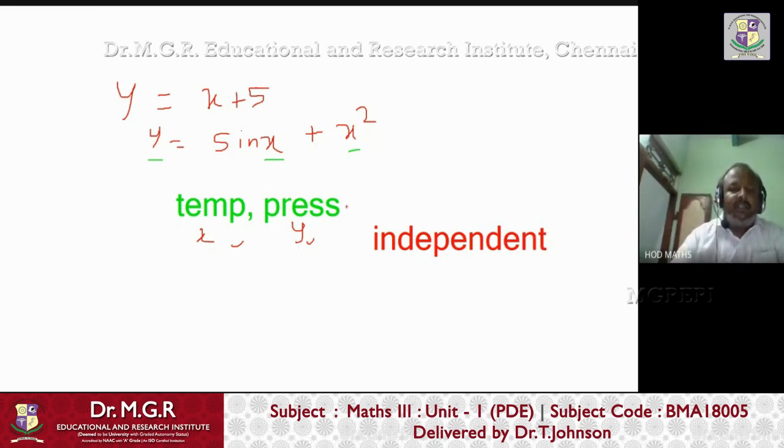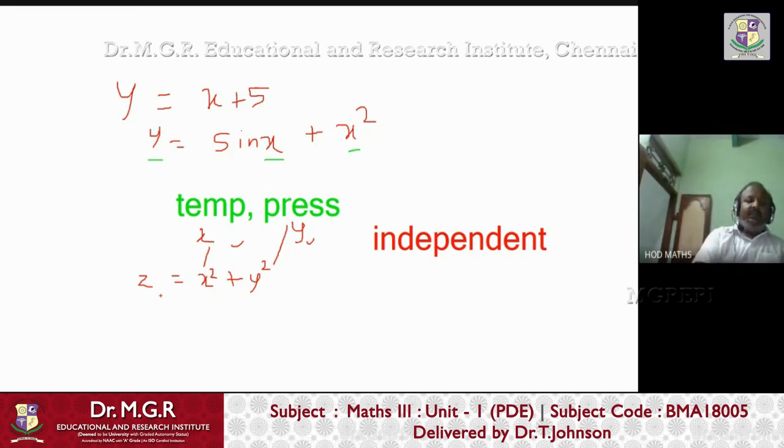Now I write an equation. z equals x square plus y square, right? So here I put some temperature value and some pressure value, and I have a relation. This may represent something physical, some experiment.